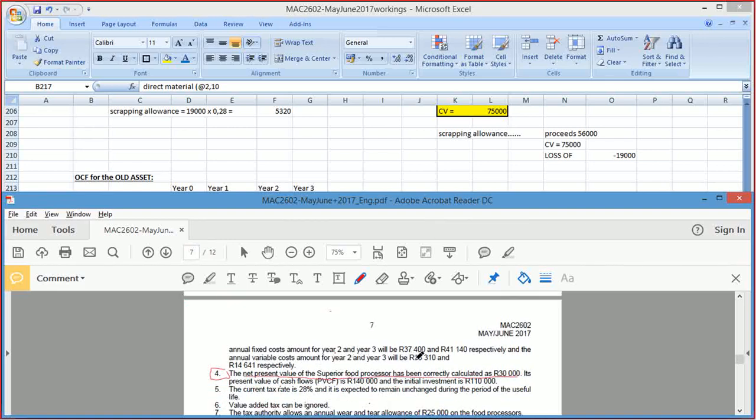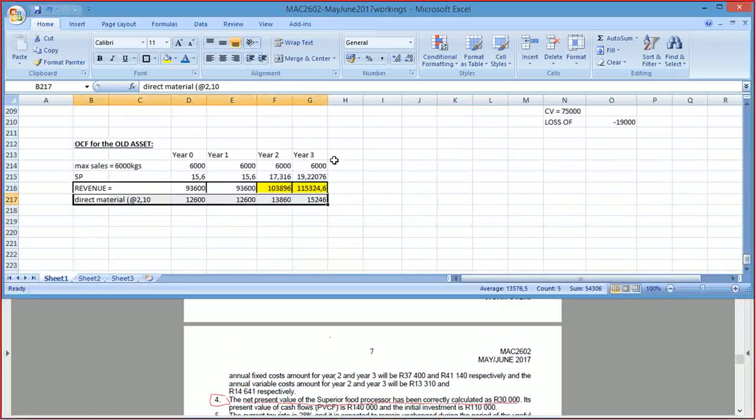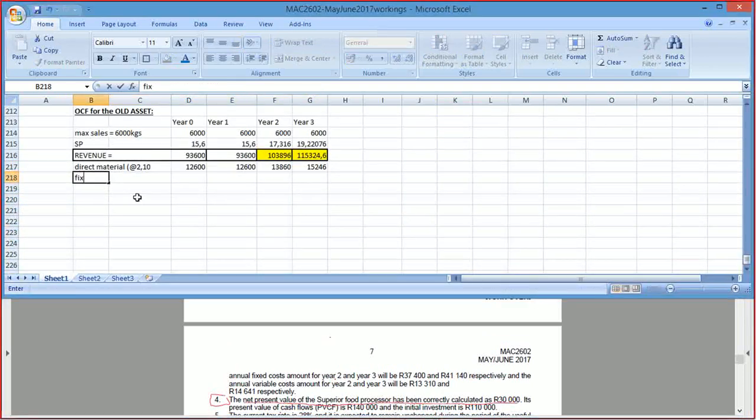What else do I need here? They talk about the annual fixed cost amount for year 2 and 3 will be that and that respectively, and the annual variable cost amount for year 2 and 3 will be that and that respectively. So we can just insert those figures in.